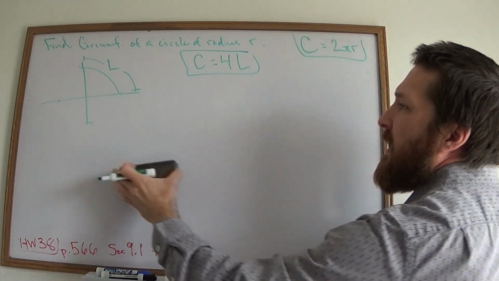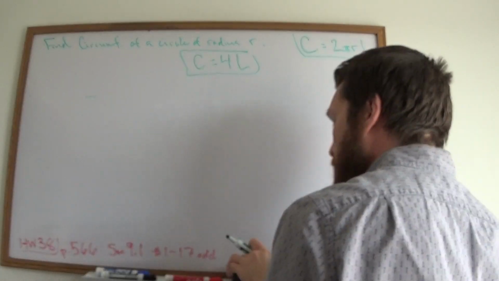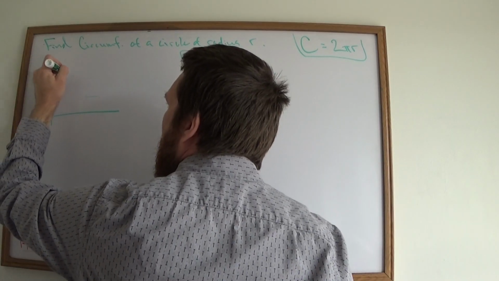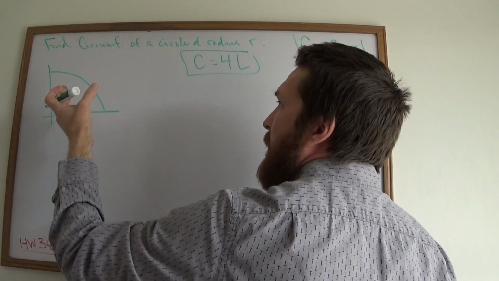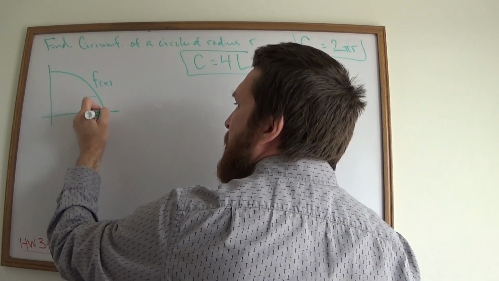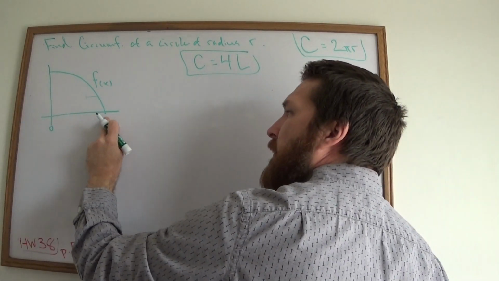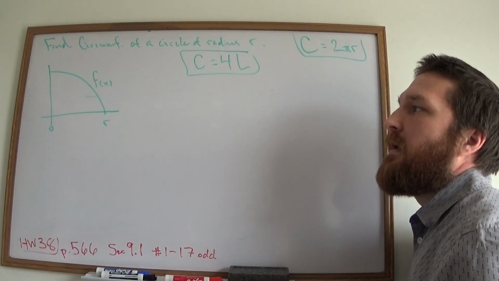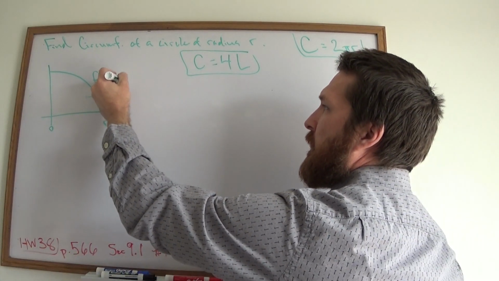I'm going to say we have some function which is just the part of the circle we care about in the first quadrant, from 0 up to r. Now, what is that function?